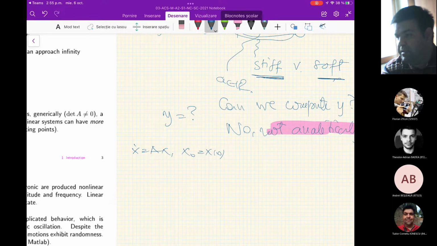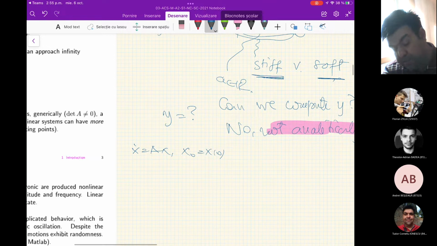So what happens to the system initially? What is the free response, or the free evolution of the system, when you have a specific given initial condition?